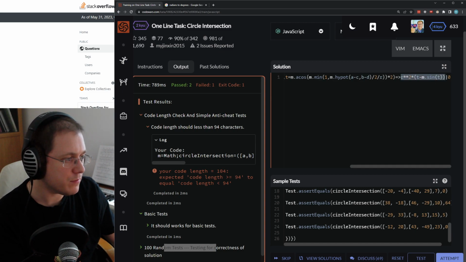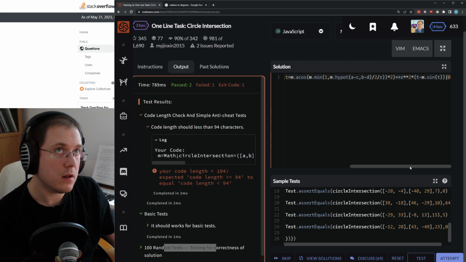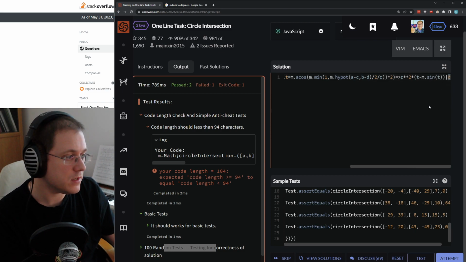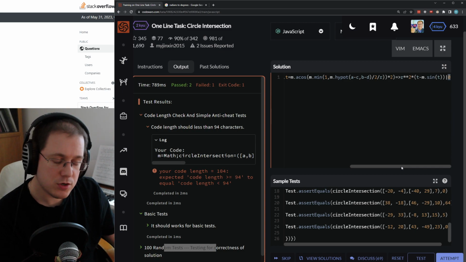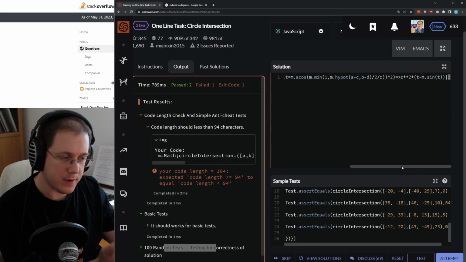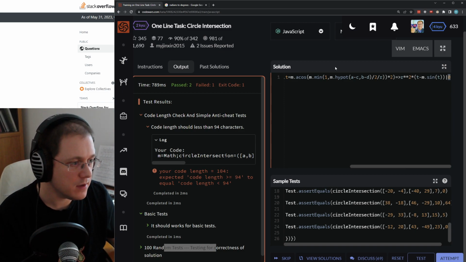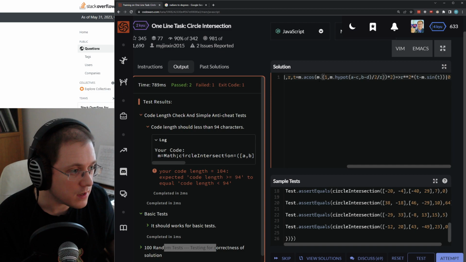And I think the behavior of this bitwise OR will then return this 0, which is correct because the hypotenuse is long and there's no intersection. So the answer is 0. So I think we can do this.